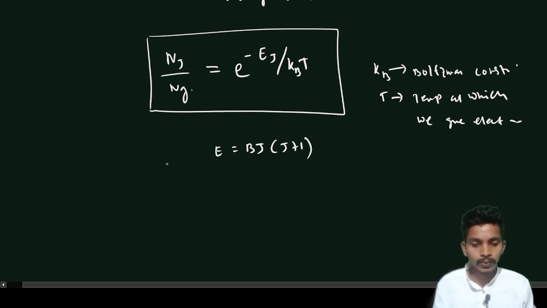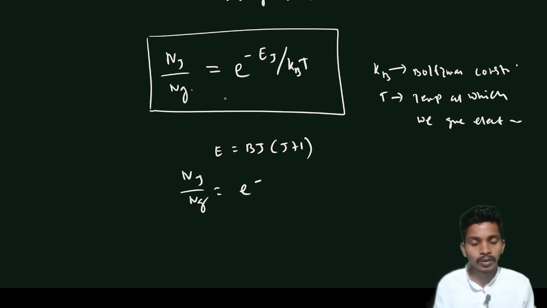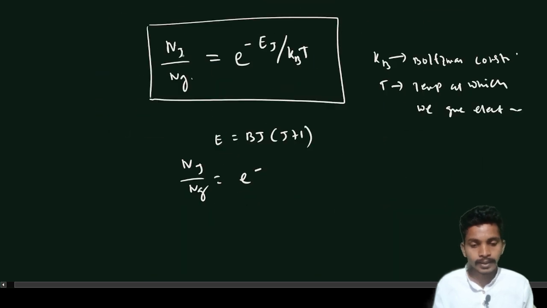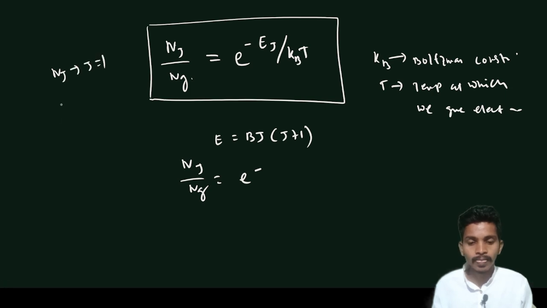So if I put these equations here, let's say I am doing nj for the excited state, j equal to 1, and n ground state is j equal to 0.